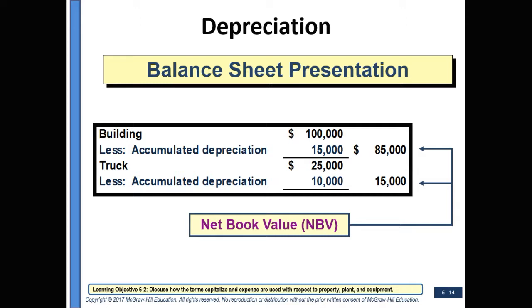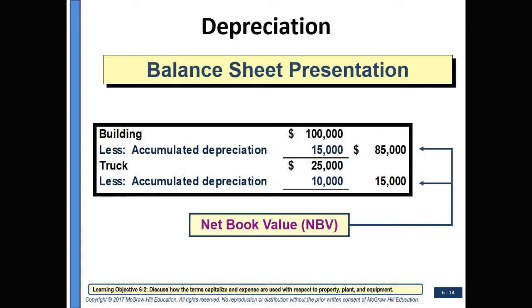The asset truck is reported at $25,000 original cost, less accumulated depreciation of $10,000, which yields a net book value of $15,000. When looking at a balance sheet and you look at accumulated depreciation, you can recognize the amount of cost allocation that has occurred attached to an asset over its useful life to date.